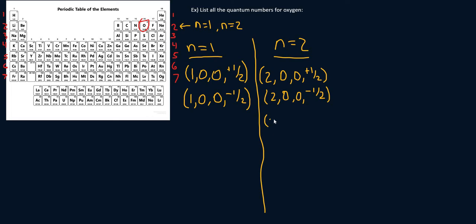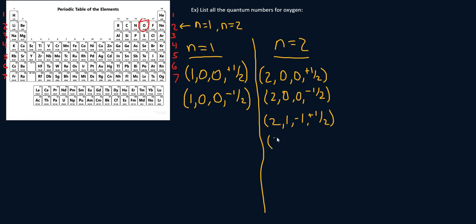So we're going to start with 2, 1, negative 1, because remember, when L is equal to 1, our M sub L can be negative 1, 0, and 1. So we're going to start with negative 1. And we're going to use Hund's rule to put the positive upspin electrons first. So plus 1/2.